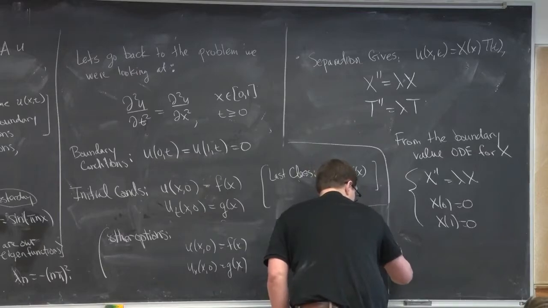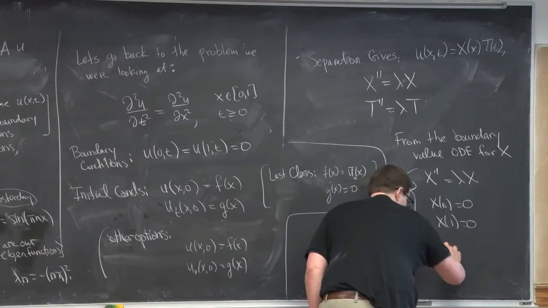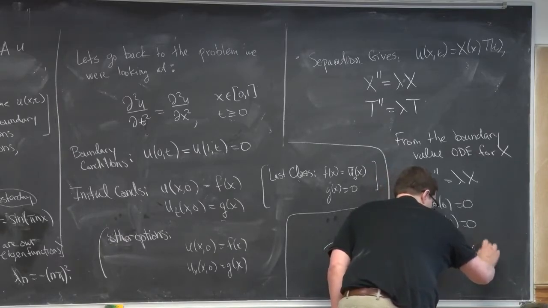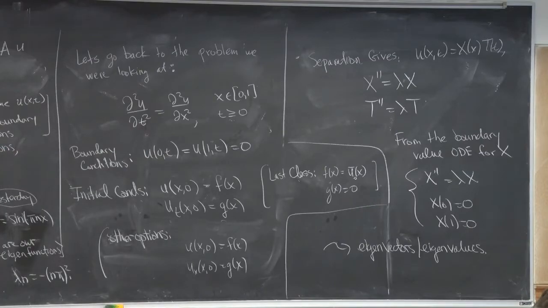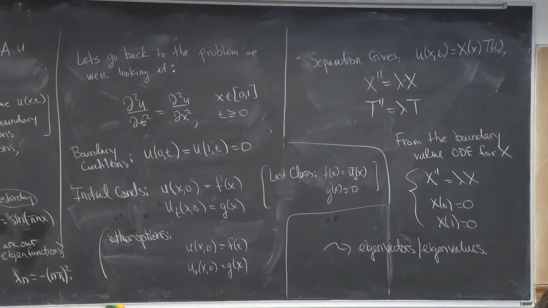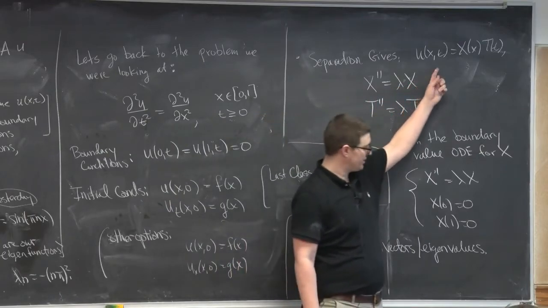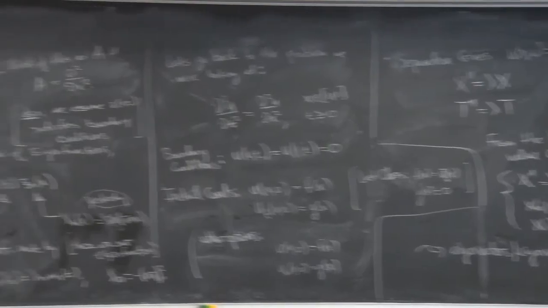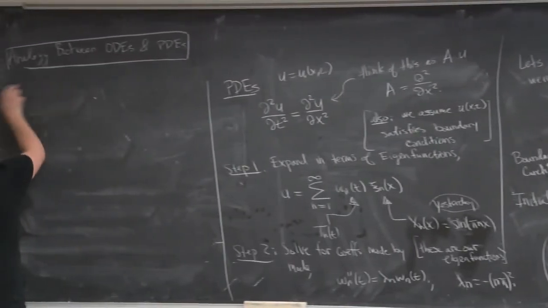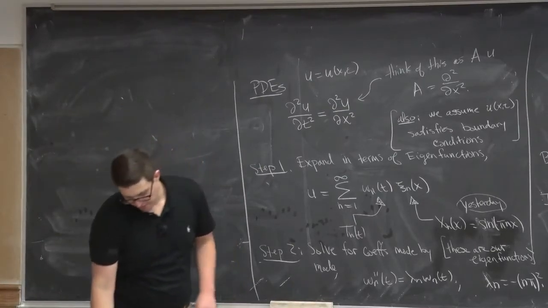We get eigenvalues and eigenfunctions. Let me say what these are. Applying those conditions to this type of solution gives this. And when you plug that in, we ended up finding out what these lambda n's could be.